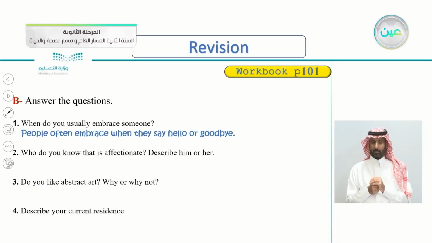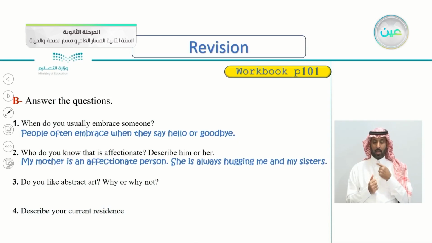For example, here I said my mother is an affectionate person. She is always hugging me and my sister.